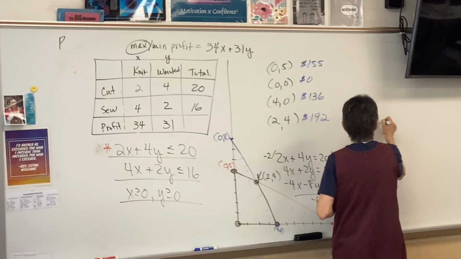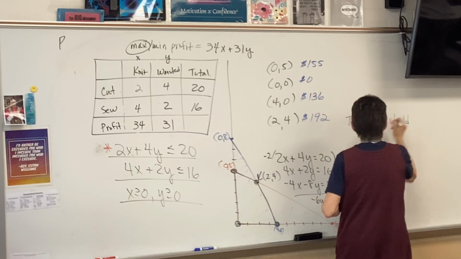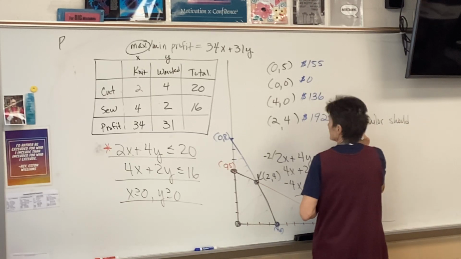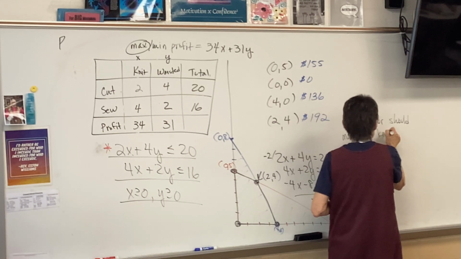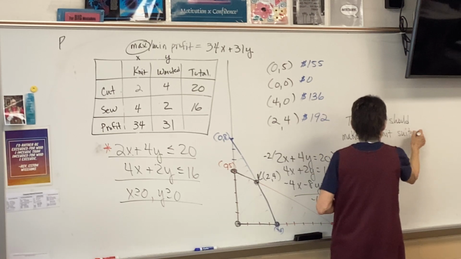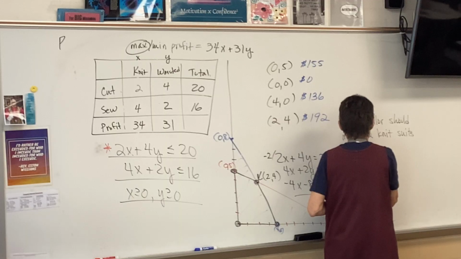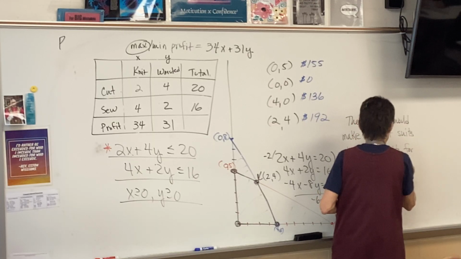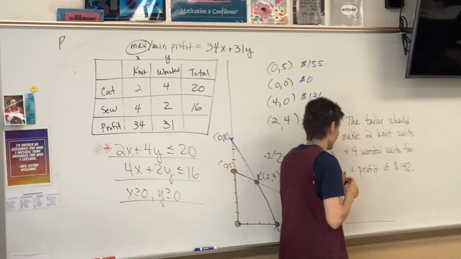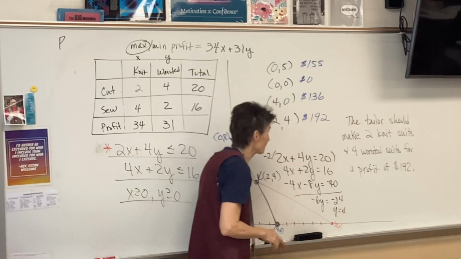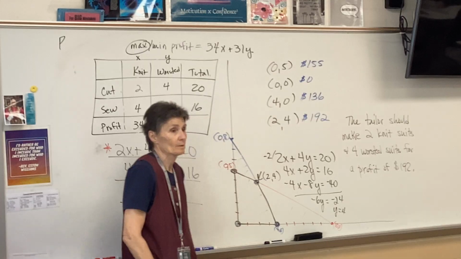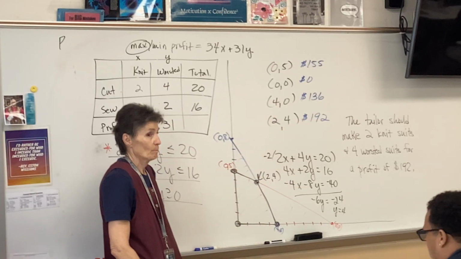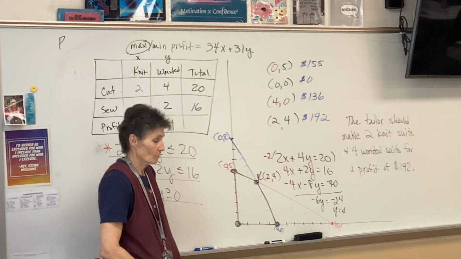The tailor should make 2 knit suits and 4 worsted suits for a profit of... seems like a lot of work for $182, but that's what we're gonna tell him to do. Everybody okay with that? Okay.